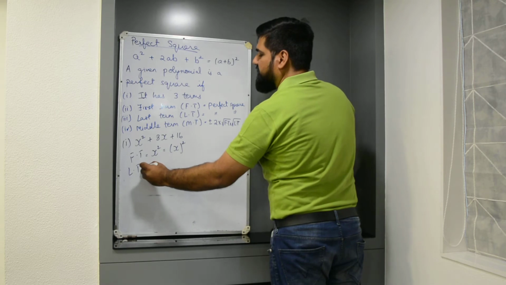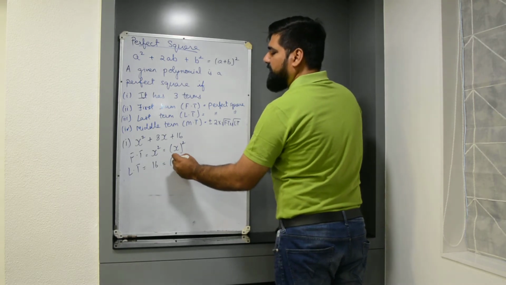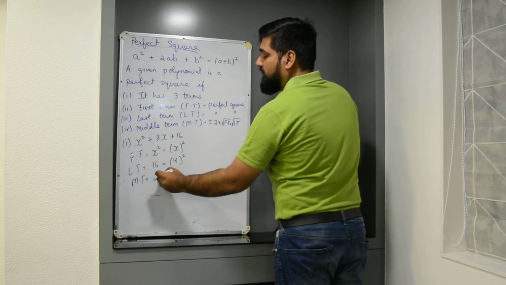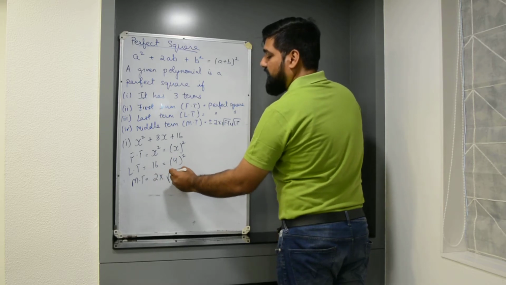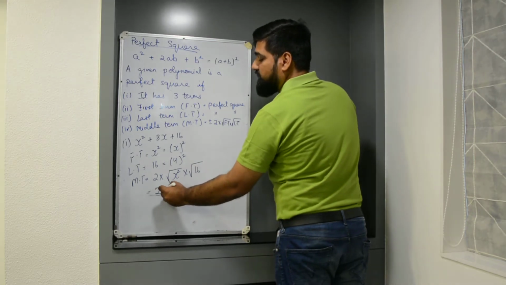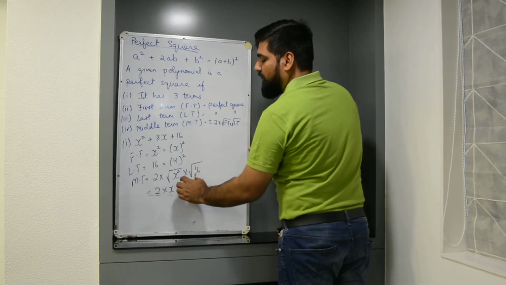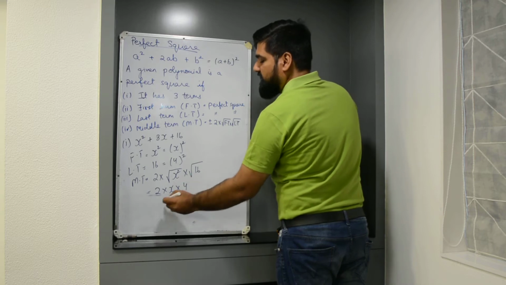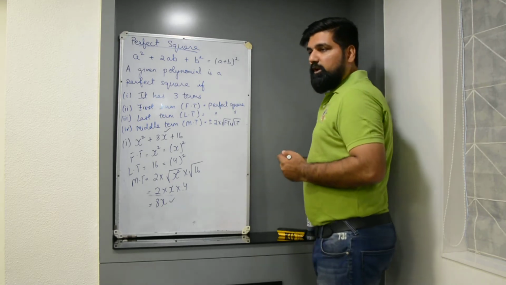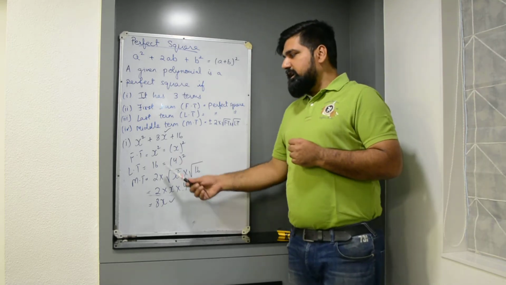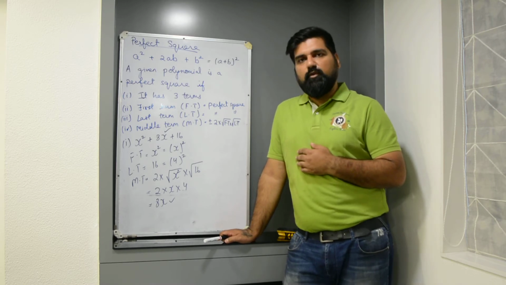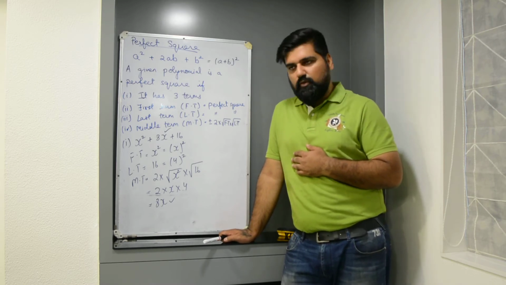The last term, 16, is also a perfect square. And the middle term: 2 into the square root of x² into the square root of 16, that is 2 into x into 4, which is 8x. So the middle term is already 8x, right? Yes, if all three conditions are satisfied, then the given polynomial is a perfect square. So yes, it is a perfect square.